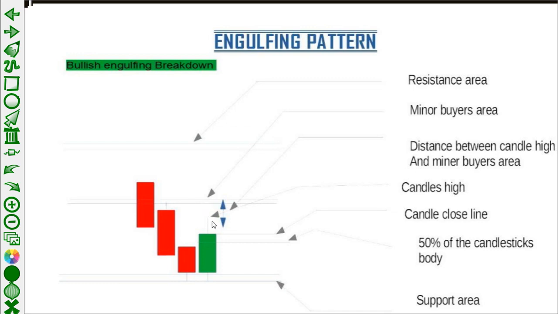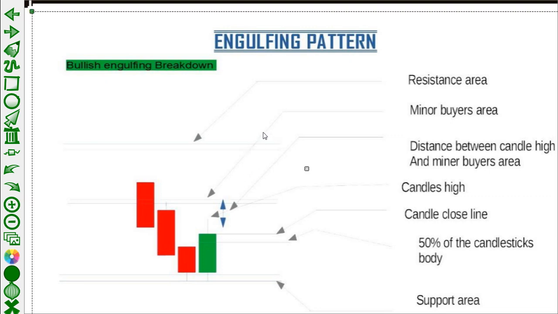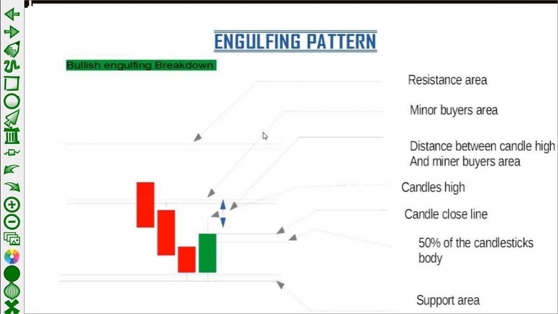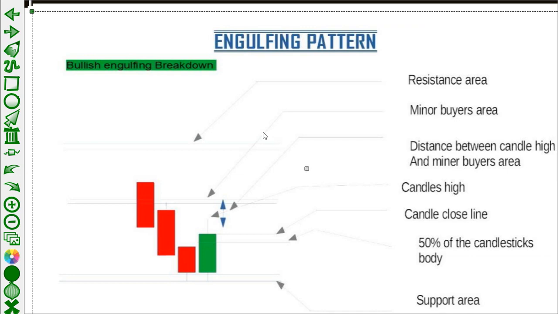If there is a distance from the minor bias area and the candle closes above its own 50% line, then we can take the call option here, and the market is expected to go up for at least the next one candle. So this is the second condition where we take the call option.